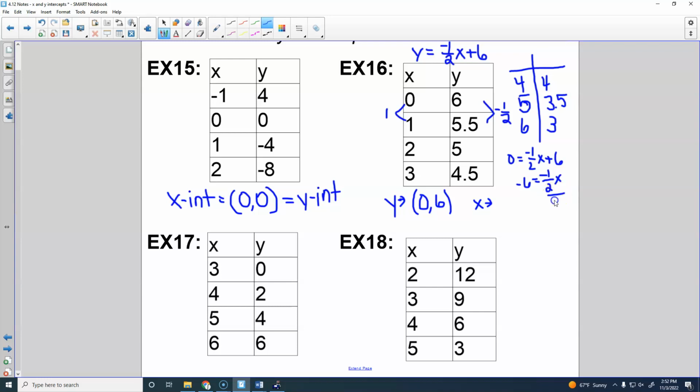You're going to divide by -1/2. Over here, you will also divide by -1/2. And negative 6 divided by negative 1/2 is going to give you 12. So those of you that said 12 were correct. 12, 0.